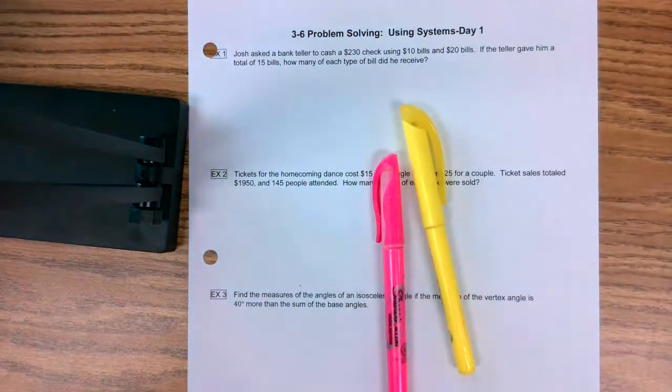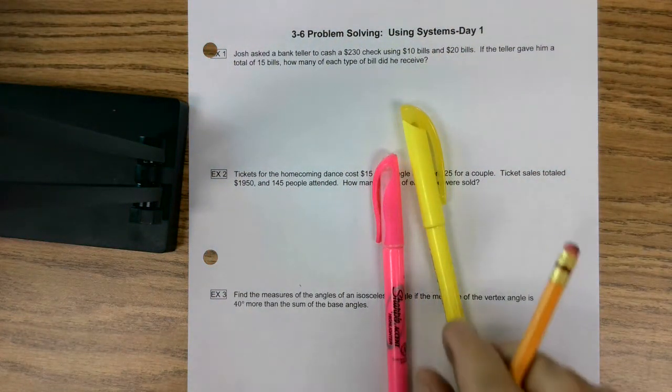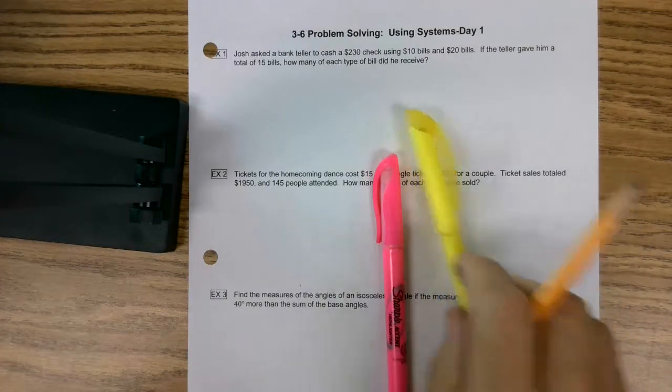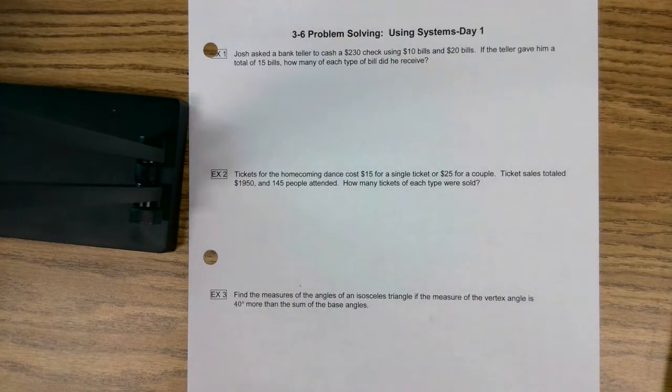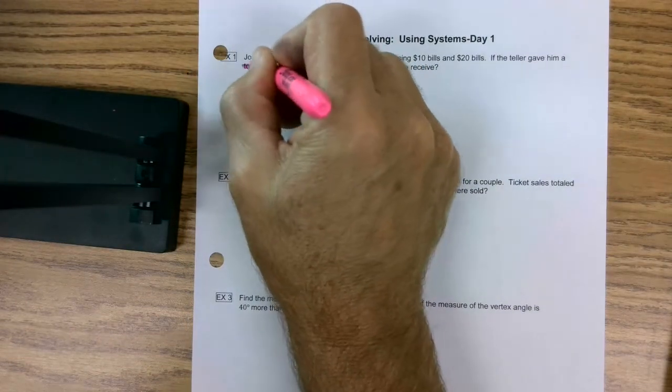I'm going to grab a couple of markers to help these words create math equations. That is the goal of this unit. So notice it says a total of 15 bills.